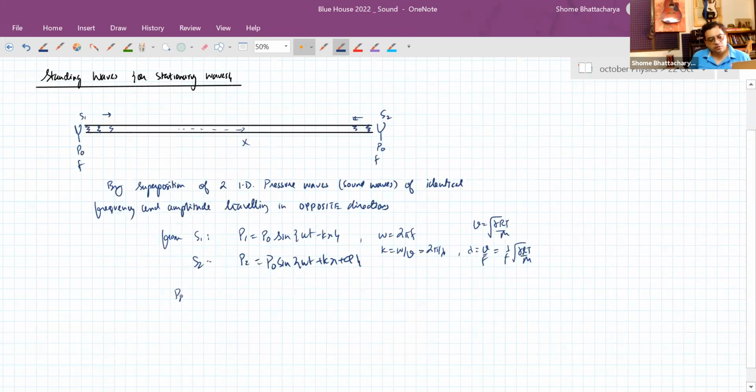So the net pressure variation now comes from this. So just like we had seen superposition of transverse waves in opposite directions of the same frequency and amplitude to produce standing waves, we'll see the same here.